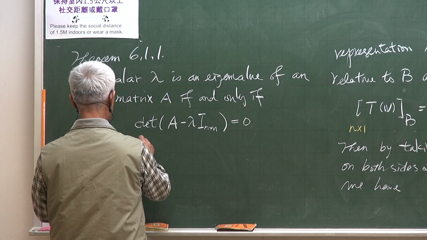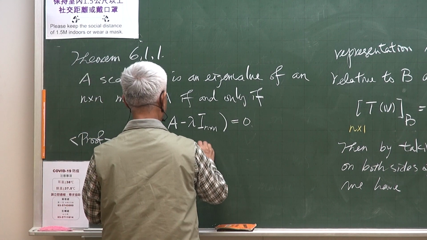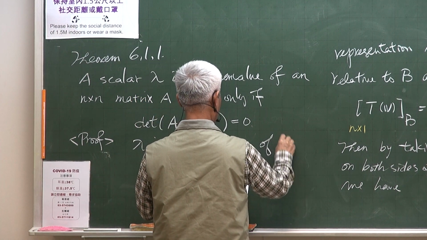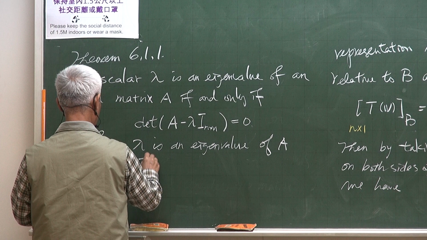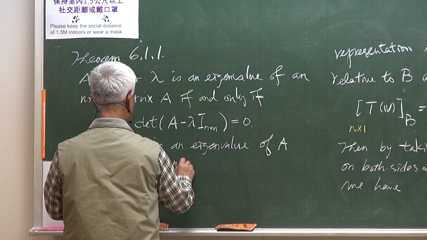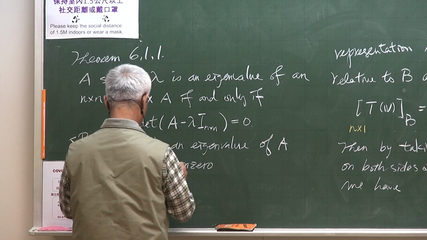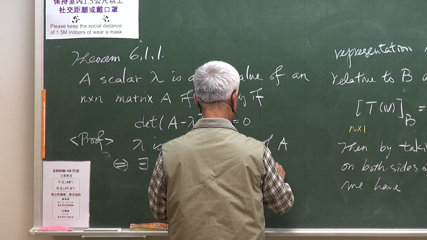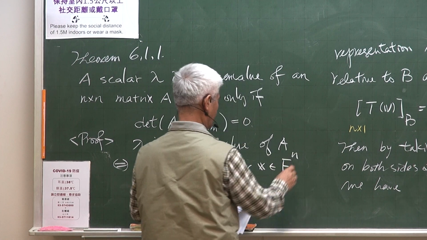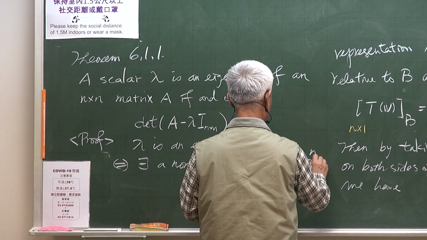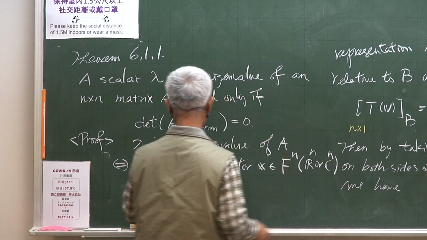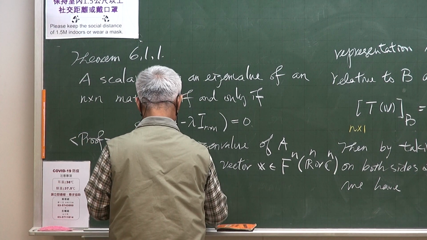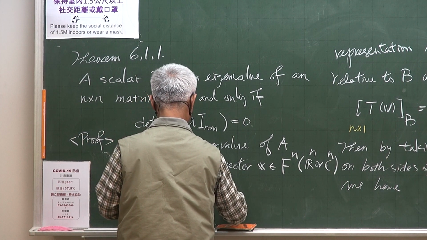Okay, so lambda is an eigenvalue of A if and only if there exists a non-zero vector x in Fn, where Fn is either Rn or Cn, such that Ax equals lambda x.